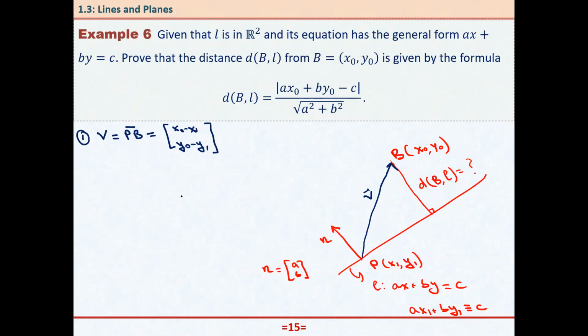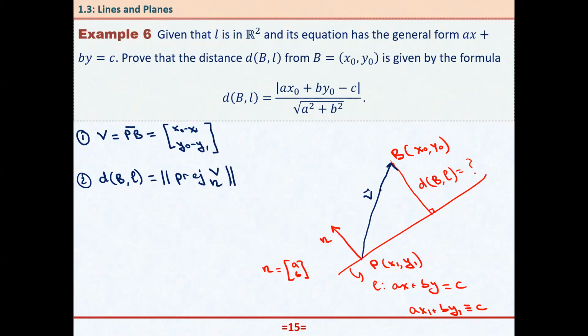Now from here, I can do it in another way. What is the distance actually? The distance from point B to the line L is the same as the length of the projection of V onto n, right?